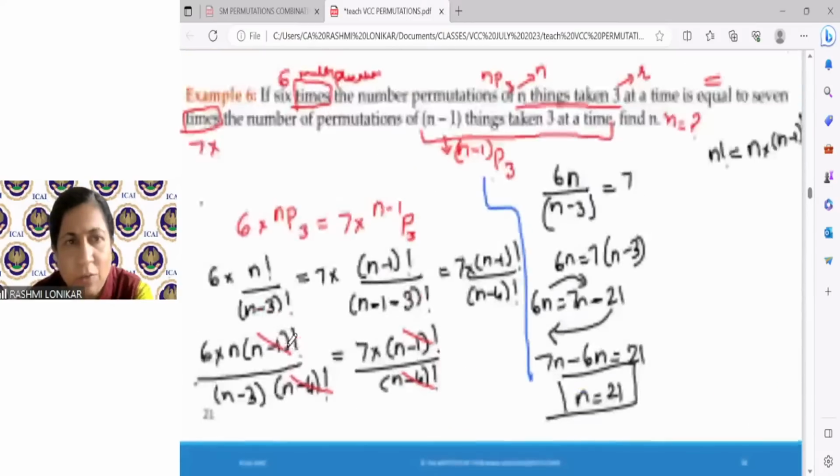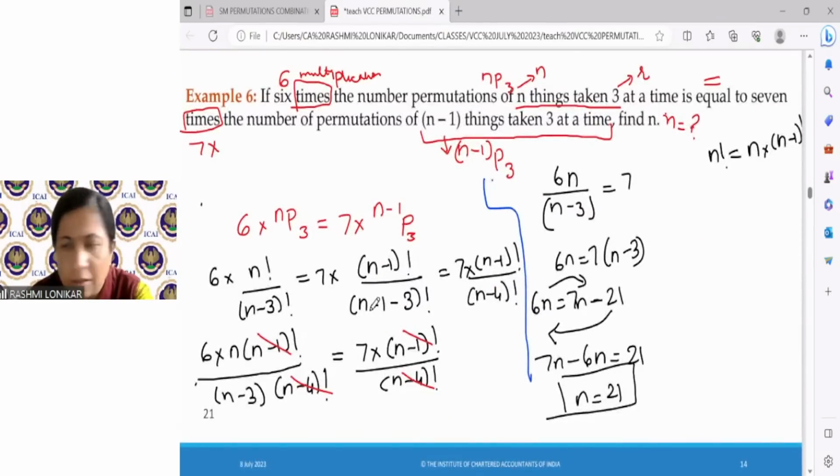N minus 4, they have, see here, Saurabh, this is n minus 1 minus 3. What is the formula nPr? nPr formula is n factorial upon n minus r factorial, right? Here what is happening, instead of n, what do I have?